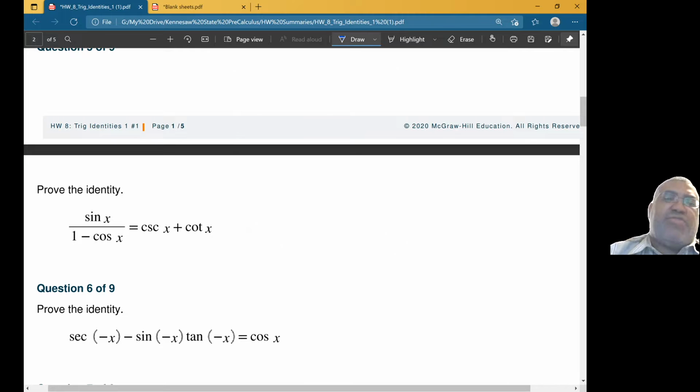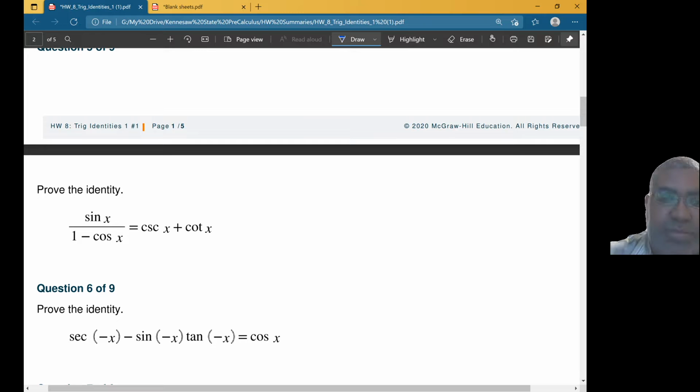Prove the identity. Sine x over 1 minus cosine x is equal to cosecant x plus cotangent x. There are a couple of different ways that you can do this problem. Both of the ways are kind of challenging, if I'm honest with you, but we're going to pick the lesser of the challenging ways.